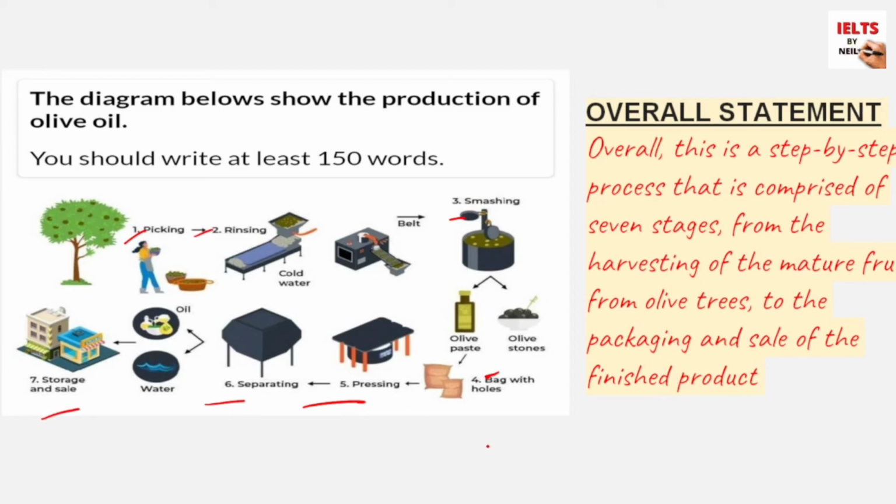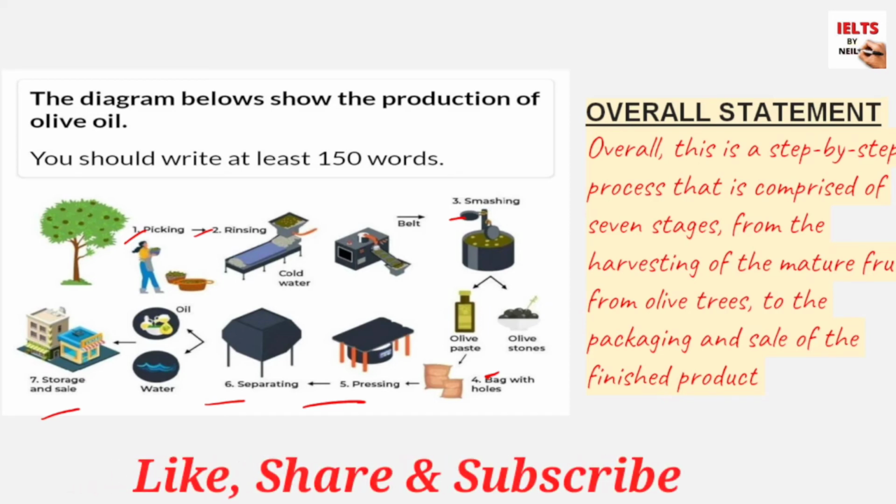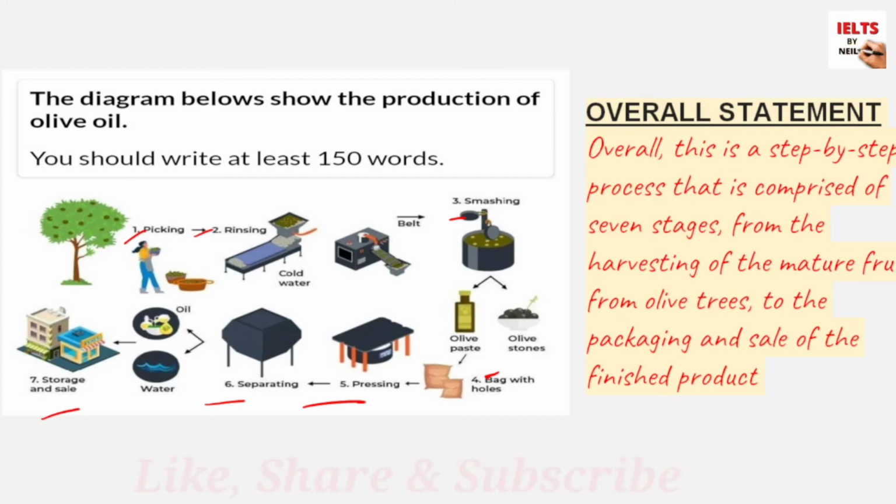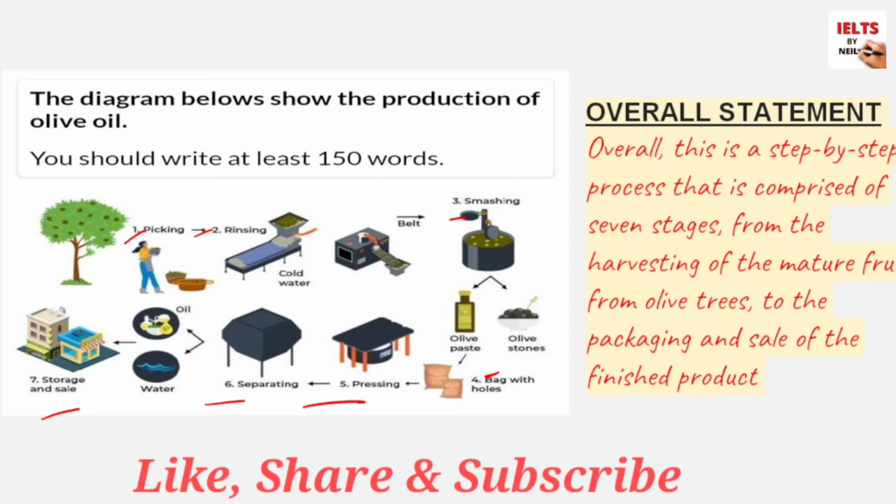So this could be your one overall statement, that a total number of 7 steps are involved in making olive oil from fresh olives. Because in a process diagram there's always going to be the steps, so you can simply count them and write your overall statement. And of course you have to write one more sentence, because in the overall statement we have to try to write 2 sentences. So let's see what I have written with this overall statement here.